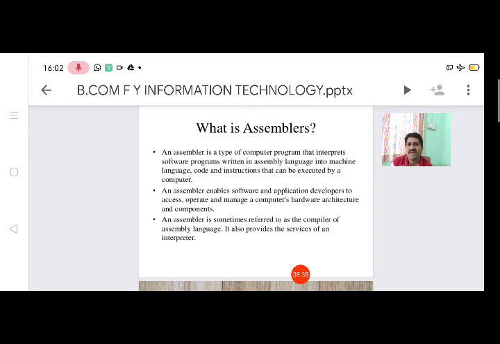An assembler enables software and application developers to access, operate and manage computer hardware architecture or components. Assembler is sometimes referred to as a compiler for assembly language. It also provides the service of an interpreter.